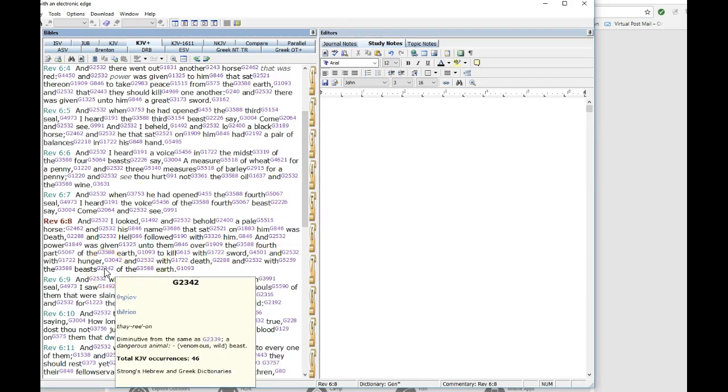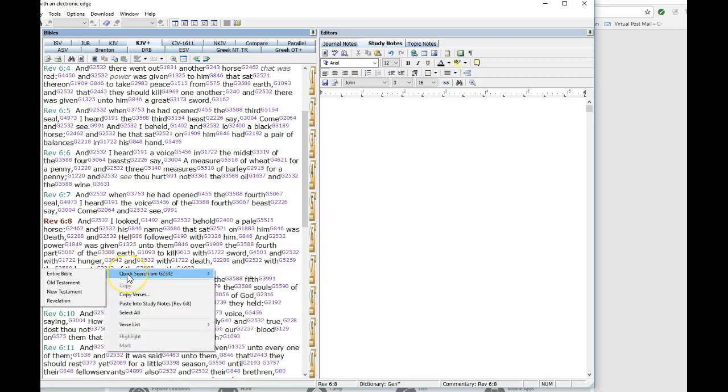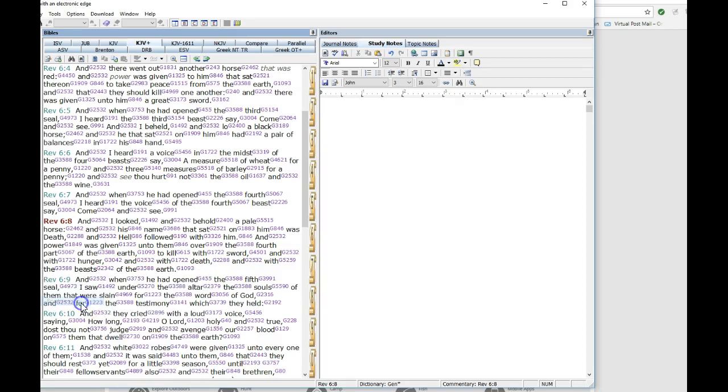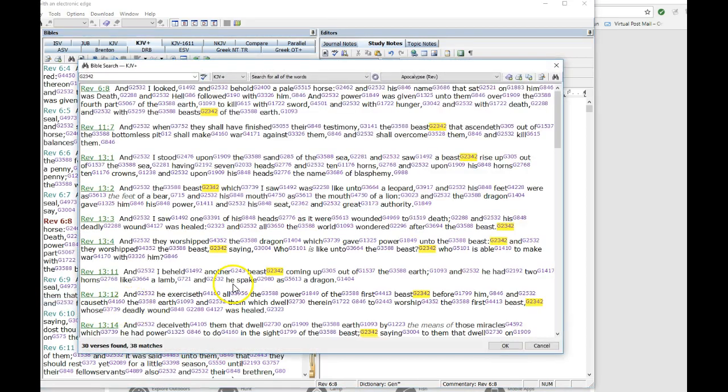In the pale horse judgment here, the fourth seal, it talks about him killing with hunger and death and a great sword, but he's also killing with beasts of the earth. Therion, venomous wild beast, is the definition of therion. But if you do your quick search in the book of Revelation, context is king, right?